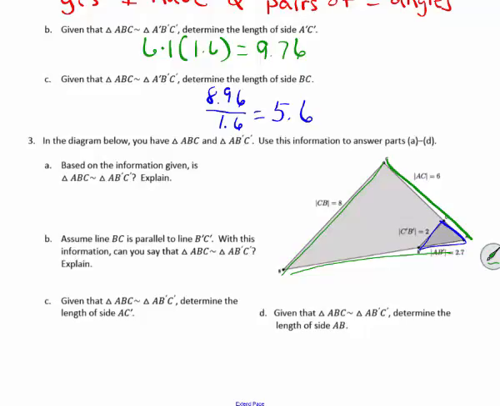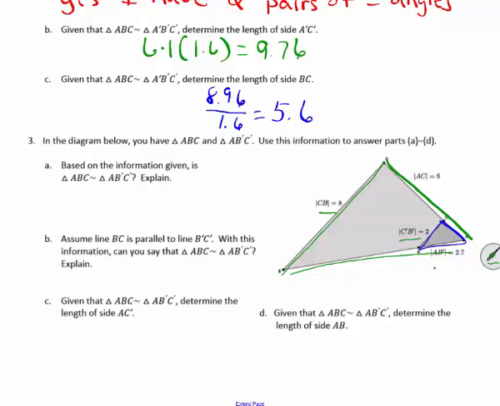So based on the information, is ABC similar to A prime, B prime, C prime? Well, I have to be able to show either that I have two equal angles, or I have the sides in the same proportion, or I have two pairs of sides. Here's my problem: I have this pair of sides that I can compare, but I can't compare AB and AC, two different sides.